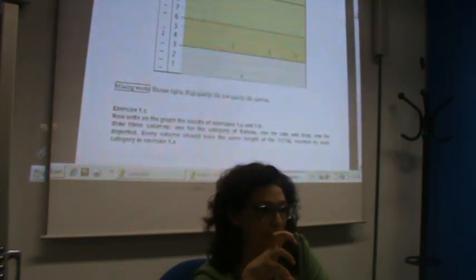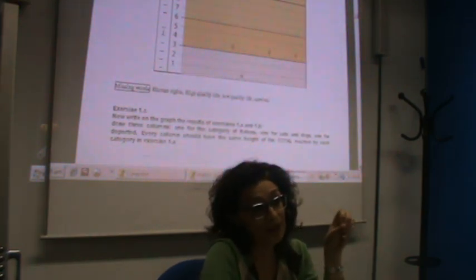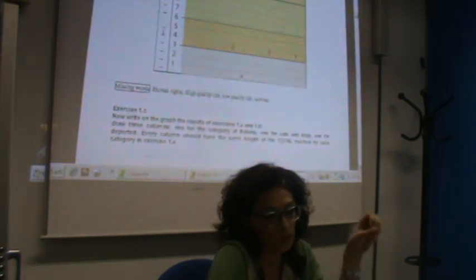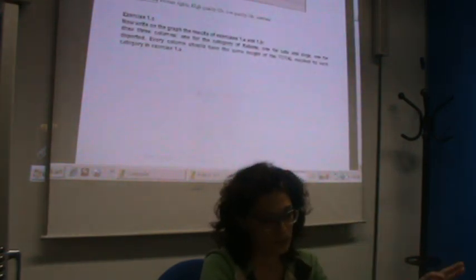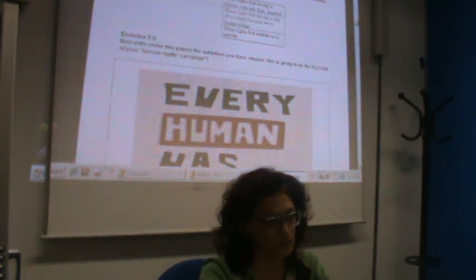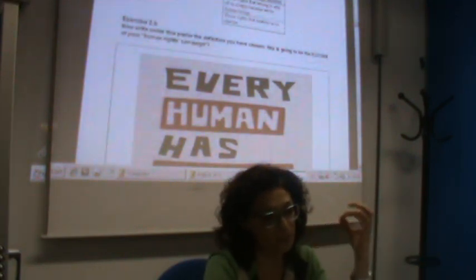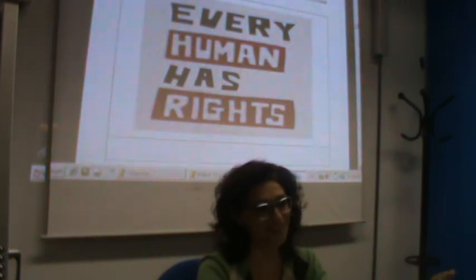So I think with this exercise, they understand the importance of human rights and the fact that no human being can be deprived of human rights. So through this game, they get to the definition of human rights. And then they do a haptics, so they write down the definition under this poster.